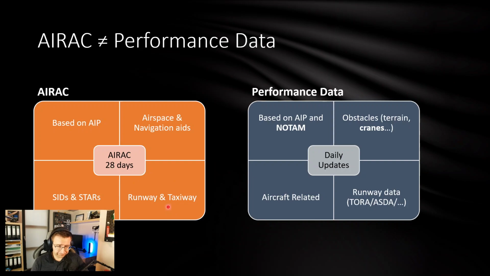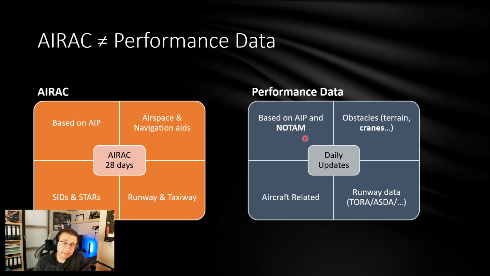What we need for the performance database is a database updated and based on, of course, the AIP, but also the NOTAMs, because the AIP is planned way ahead, and sometimes you have obstacles that are made overnight, and those will be included in the NOTAMs.